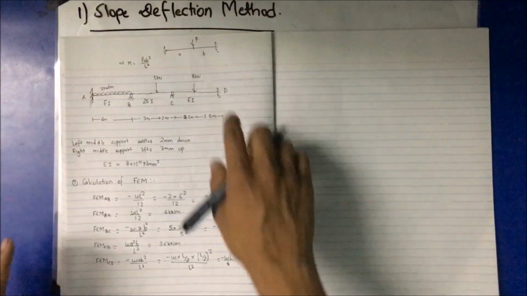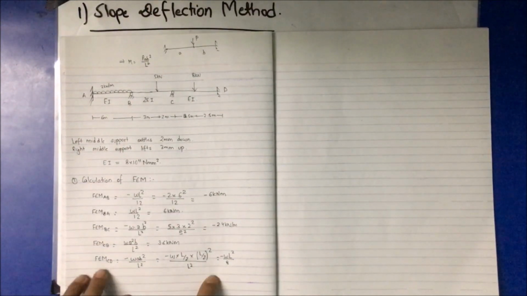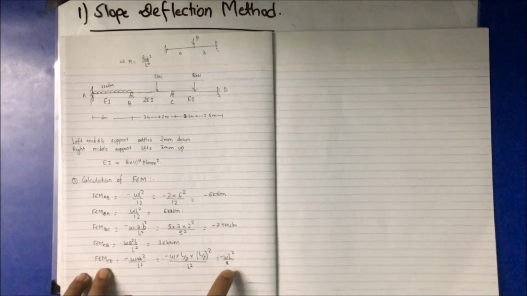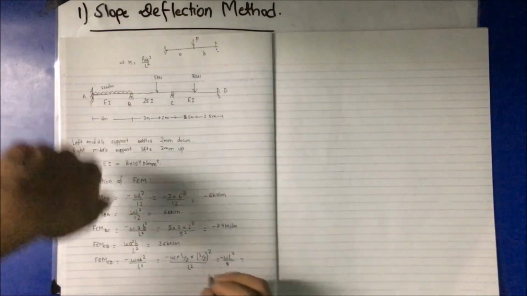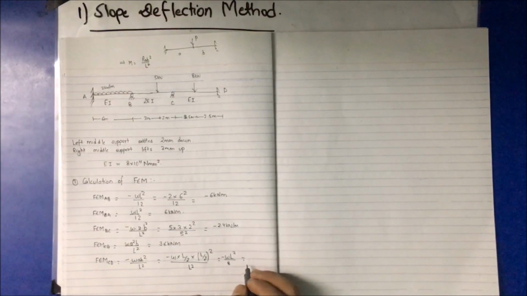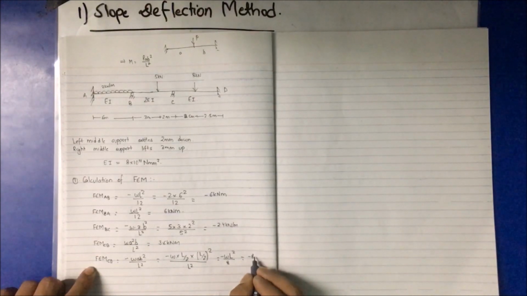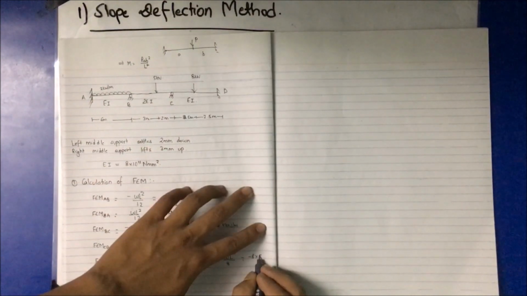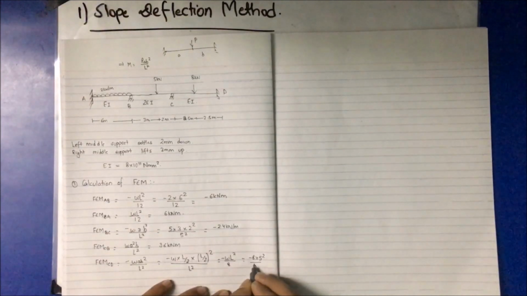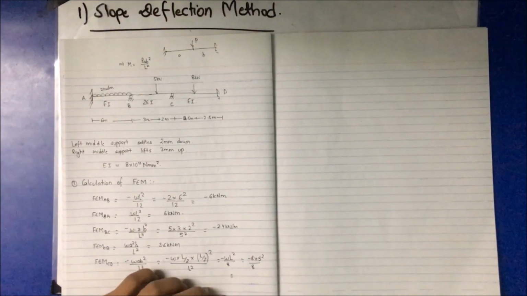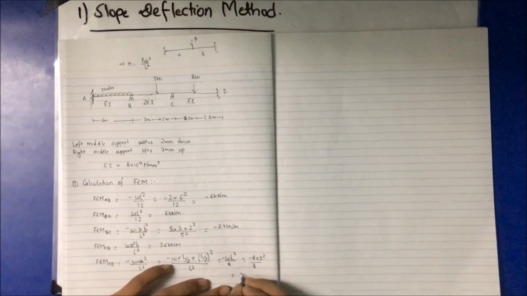For point load at a mid span of the member, the fixed end moment is given by WL square by 8. Okay, negative sign because we are moving from left to right. W is 8, so minus W8 into length is 5, then we get value as minus 5 kilonewton meter.